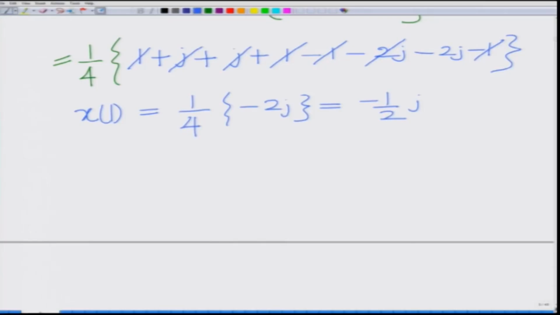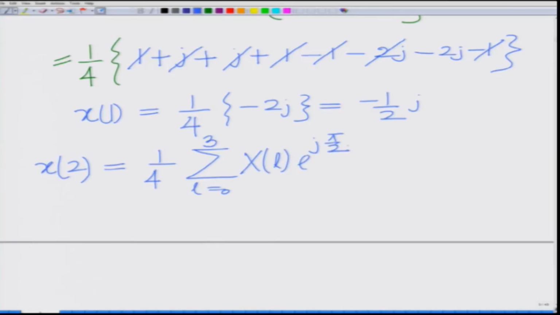Now, let us compute small x2. Small x2 equals 1/4 summation L equal to 0 to 3 capital XL e^(j pi/2 · k), substituting k equal to 2 times L. Of course, the 2's go away, and what we have is 1/4 summation L equal to 0 to 3 capital XL e^(j pi L), that is small x2.